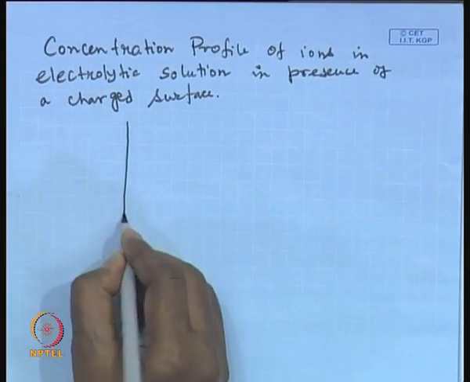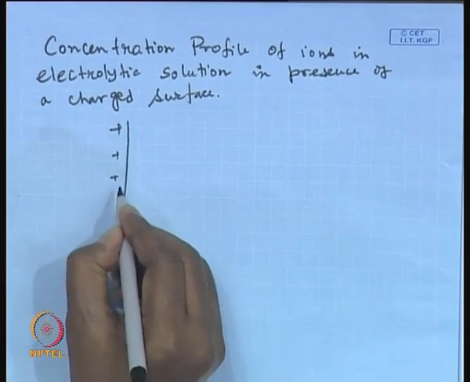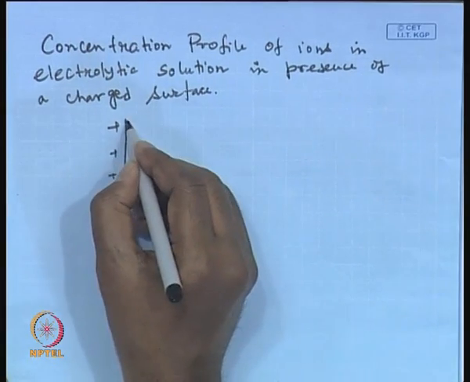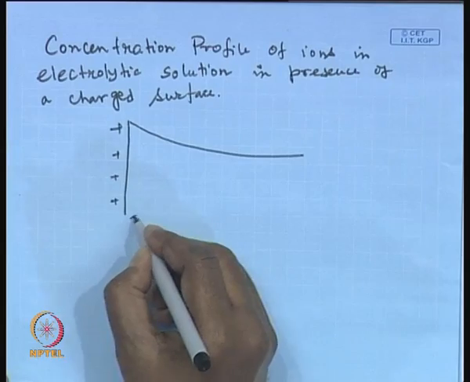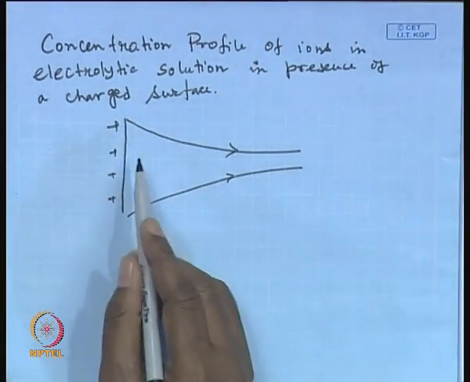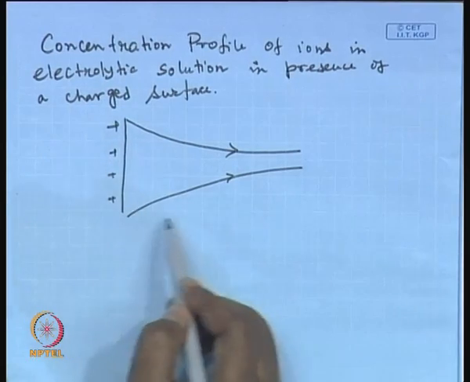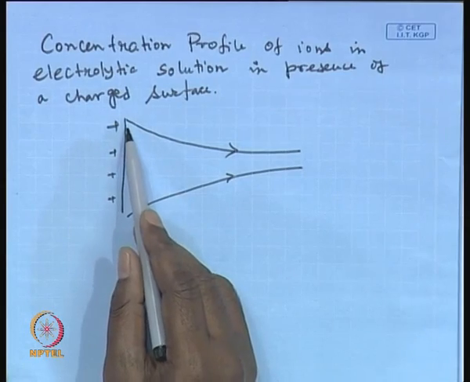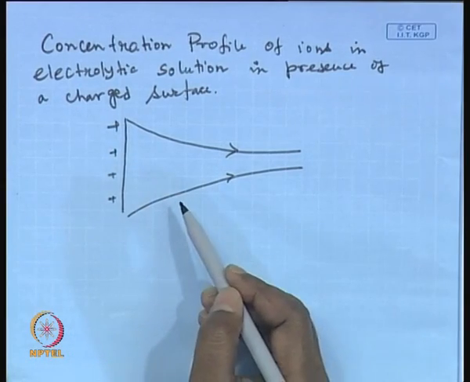Okay. Suppose we place a positively charged surface in an electrolytic solution. As we have discussed, if you place a positively charged surface in an electrolytic solution, the counter ions will accumulate near the surface, and the coions will not.